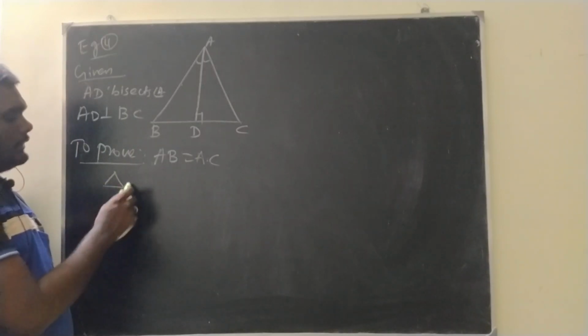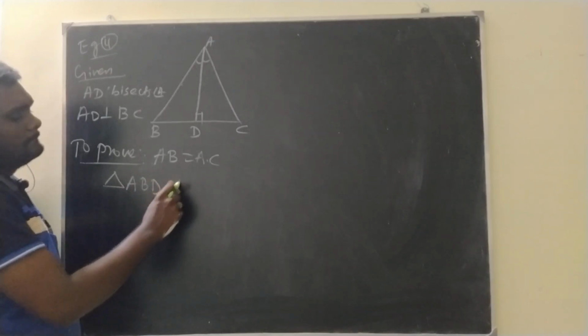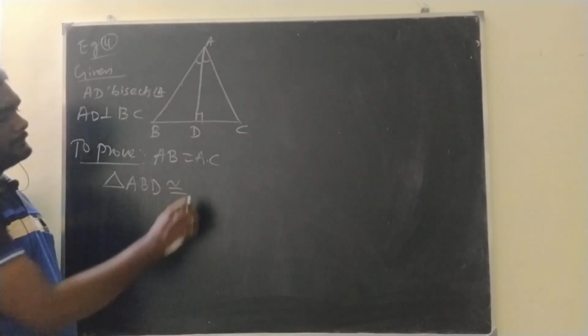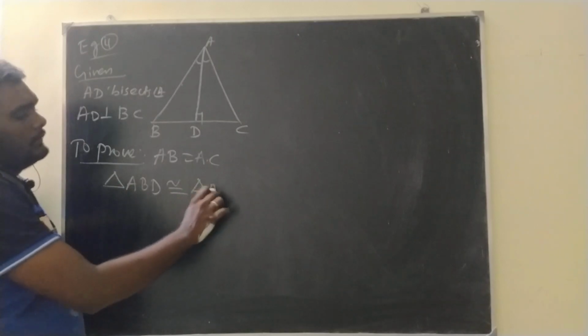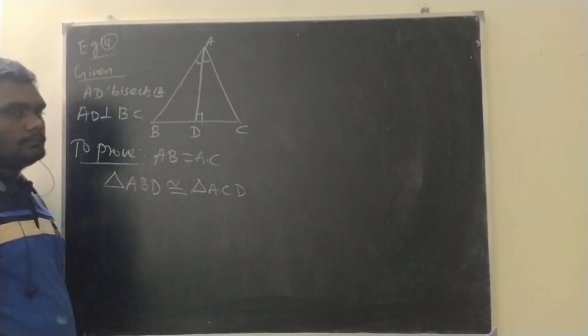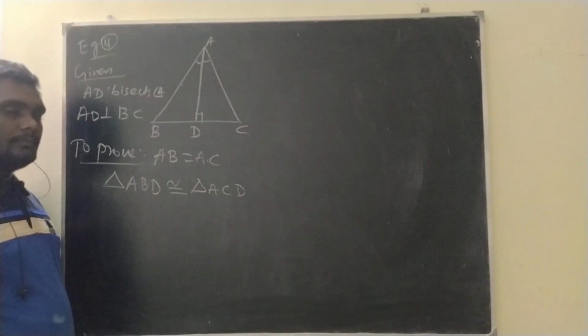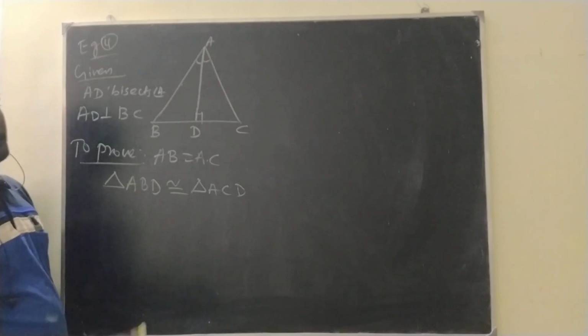It is enough to prove that the triangle ABD is congruent to triangle ACD. How to make these two triangles congruent?